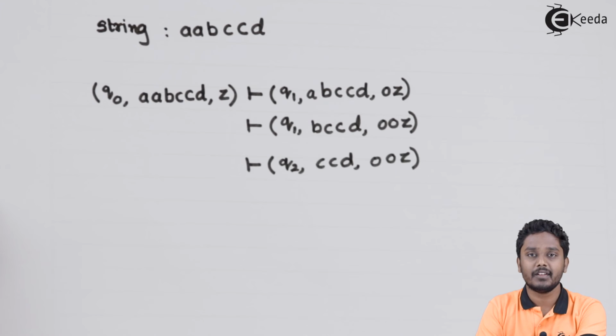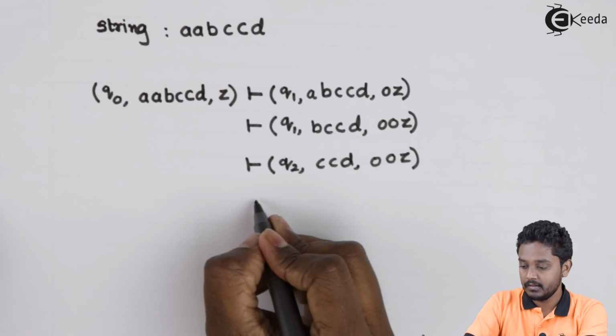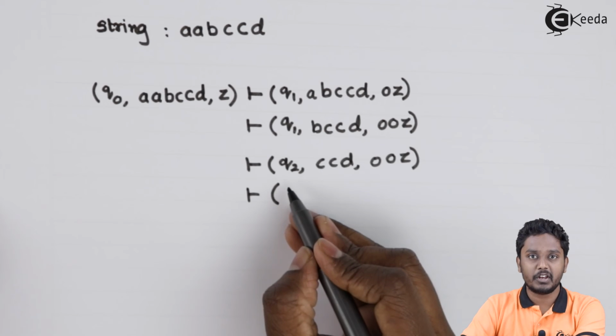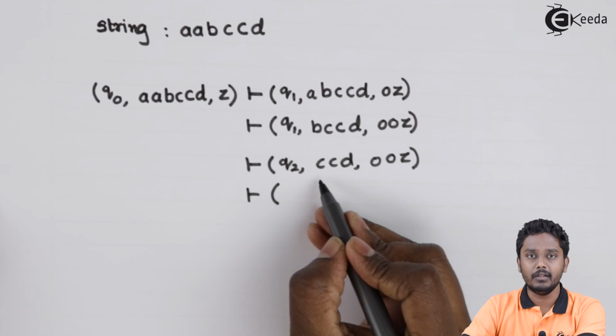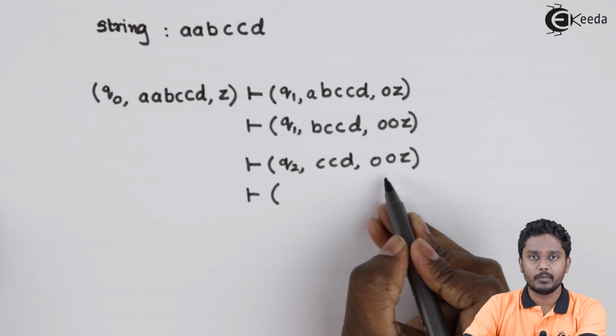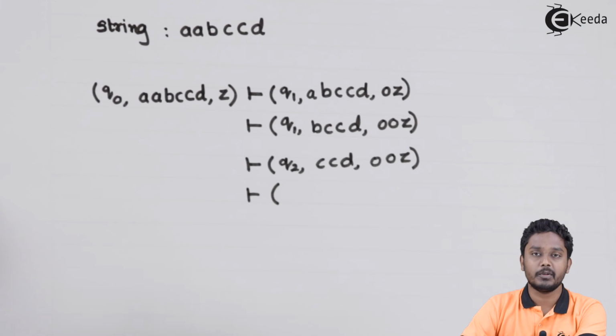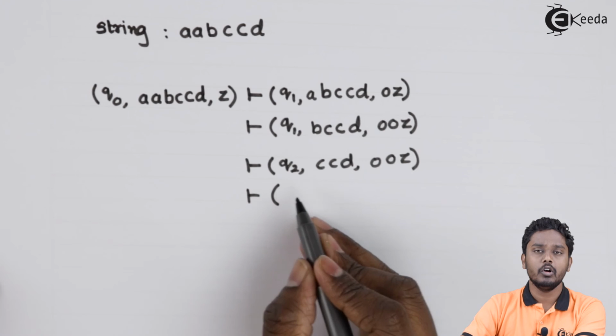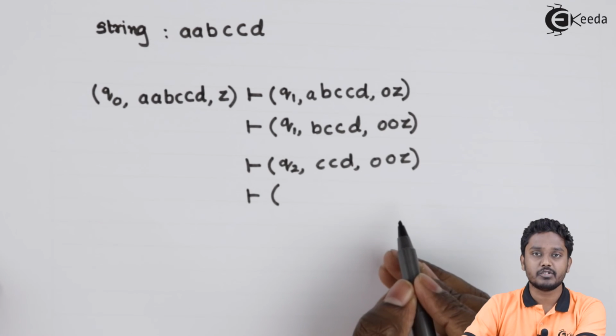Now, let's do the next transition. We have state Q2 and we are seeing symbol C and the top of the stack is 0. So the operation to be performed is popping off along with moving the transition to state, repeating Q2 on C with 0 as the top of the stack.